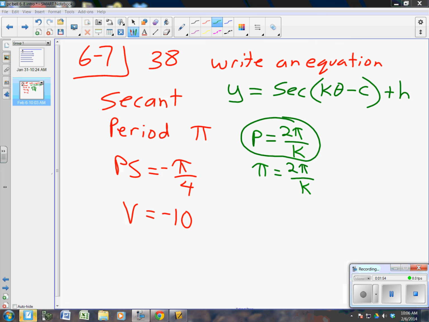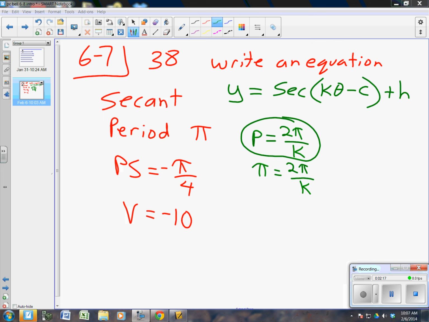What is the period of the secant function? No, what is the period of a regular sine function that hasn't been changed? It's 2 pi. Remember, what are the 4 that are always 2 pi? Cosine, sine, cosecant, and secant. The other 2 that have a period of pi are tangent and cotangent.